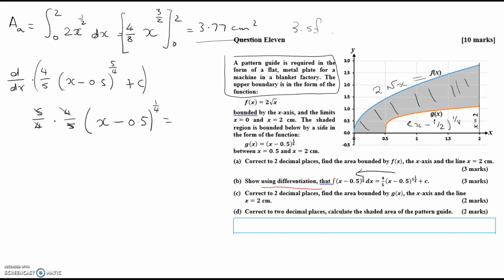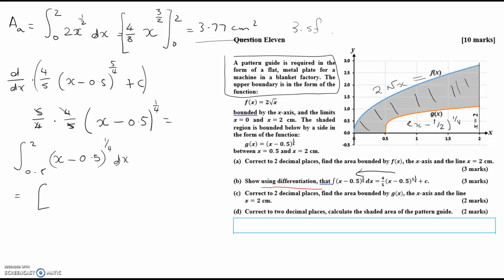Now, part C. Find the area under the orange curve, or the red curve. So that means we need to find the integral between 0.5 and 2 of (x minus 0.5) to the power of a quarter dx. But we already know what the integral is, so we can go straight to that.